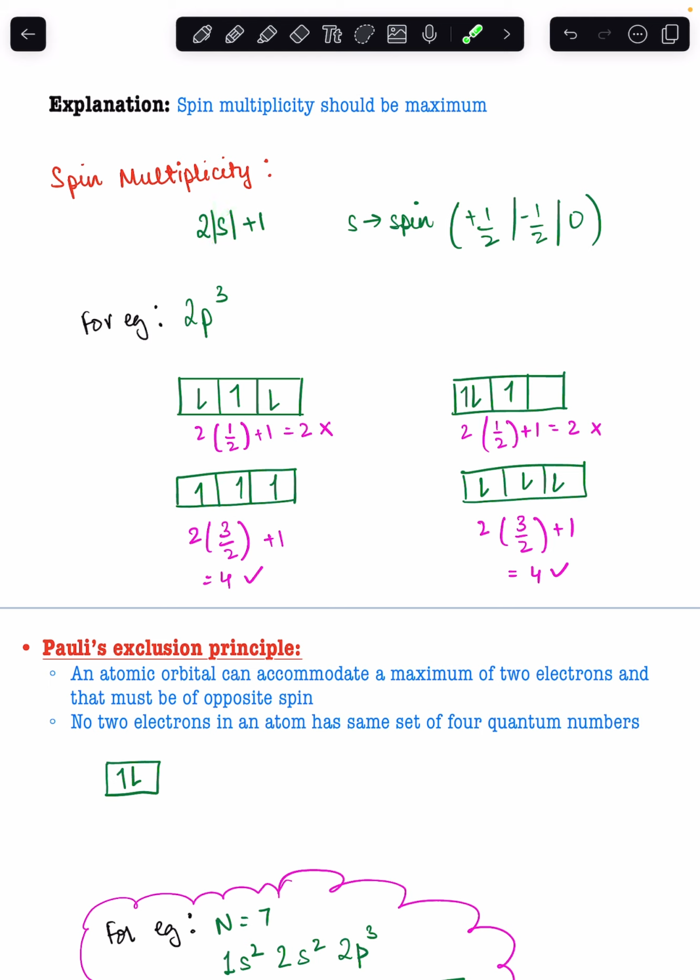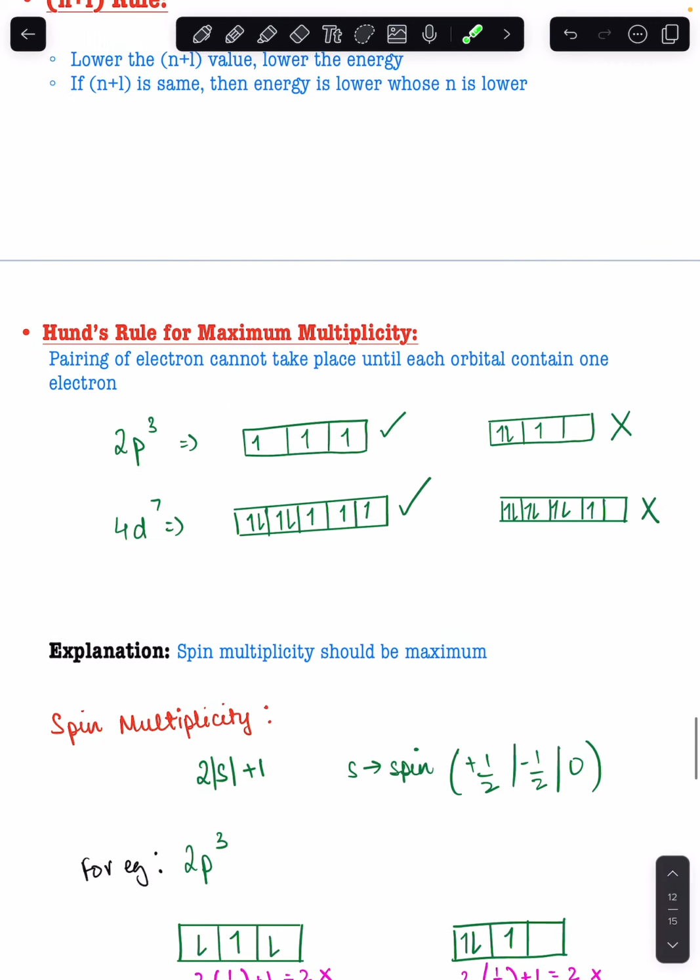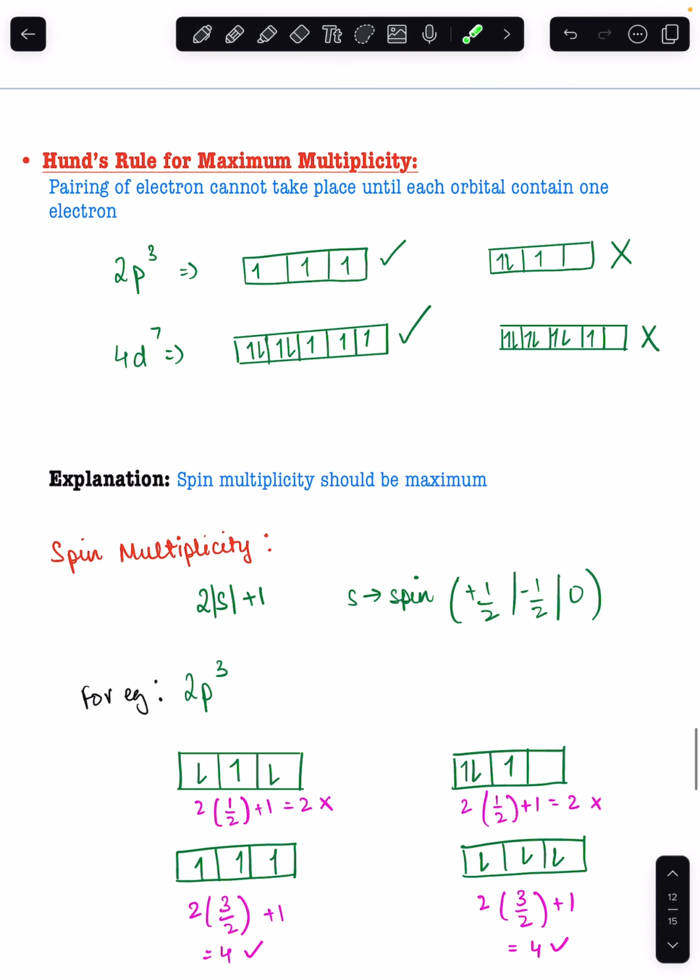All right. So let's find the spin multiplicity for 2p3, in which the spin multiplicity will be maximum. There is one more thing. If you fill like this, then this one like this, then this one like this, this is also wrong. First, the same spin needs to be filled and then pairing needs to be started.